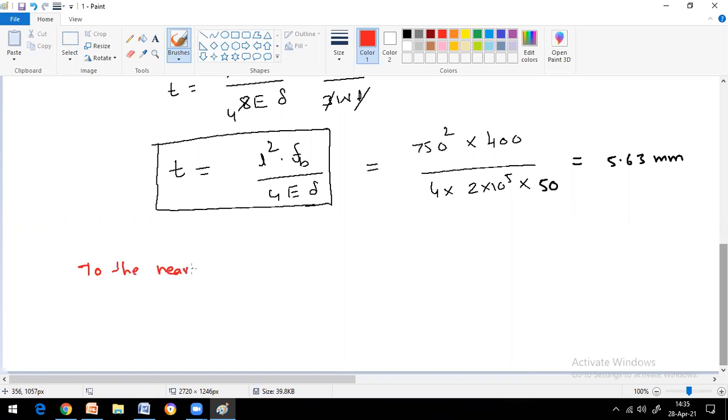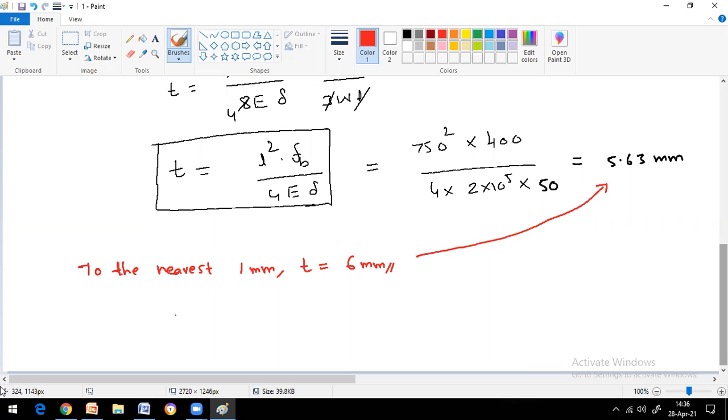To the nearest 1 mm, I can take the thickness of the plate as 6 mm. So instead of 5.63 mm, which is nearest to 1 mm of the thickness of the plate, I can consider the thickness of the plate as 6 mm.